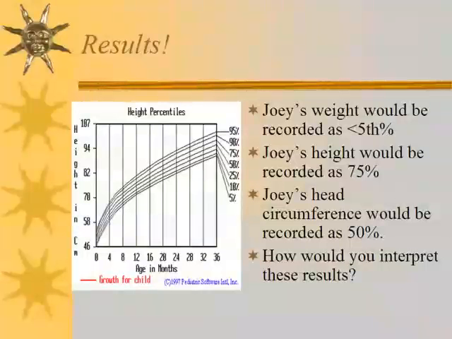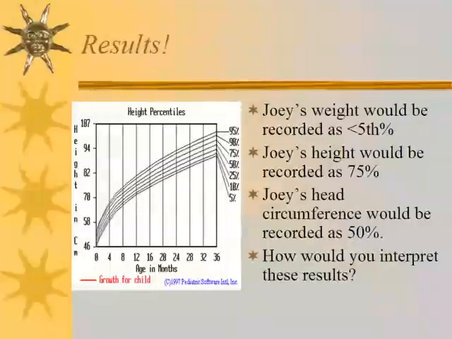Then the opposite could be true as well. If their height is falling well below the 50th percentile and both of their parents are 5'6" or under, again, genetics is going to play a part in that, and their offspring are probably going to be a little bit shorter. We look at trends as well.